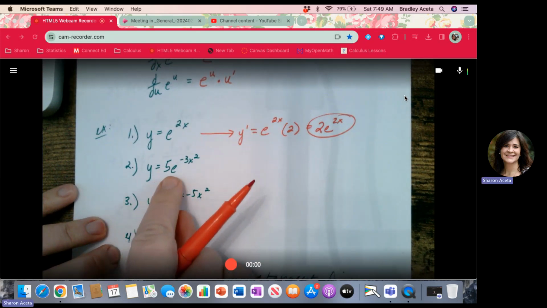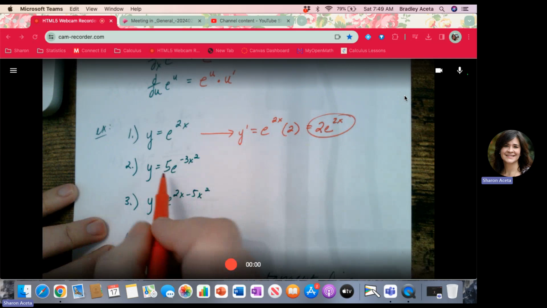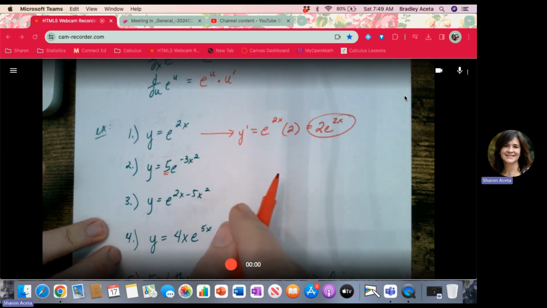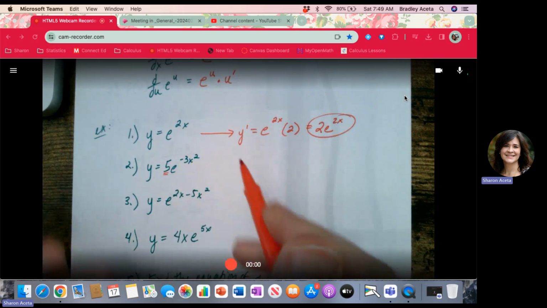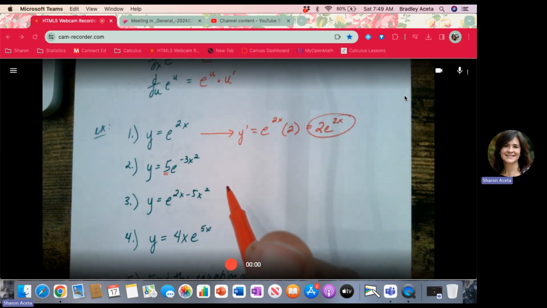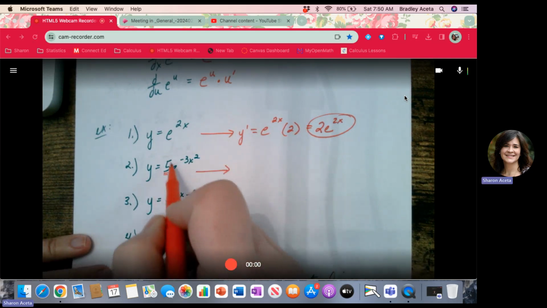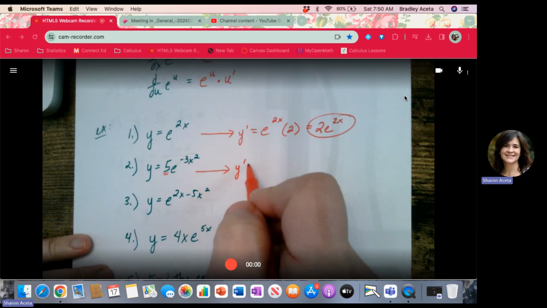Let's try it again. The derivative of 5e to the negative 3x squared. Well, if there's ever a coefficient in front, you just tag it along. If it was 5x, though, well, that would be a different problem because now that's a function times another function. But if it's 5, the coefficient, you can just tag that derivative right along.